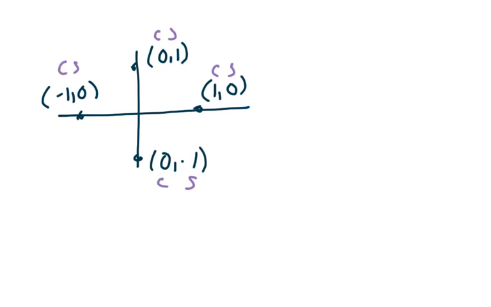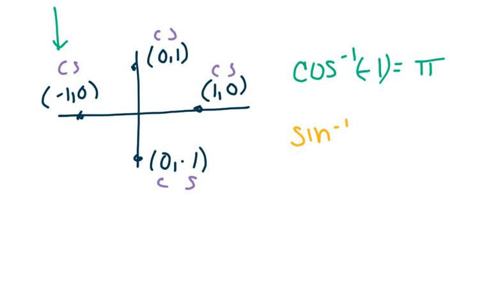So let's do this one: inverse cos of negative 1. What angle has a cosine of negative 1? Look over here, all the way over. That's pi. What angle has a sine of negative 1? There it is, down at the bottom, but we are not allowed to go that direction. You have to go this way to negative pi over 2.